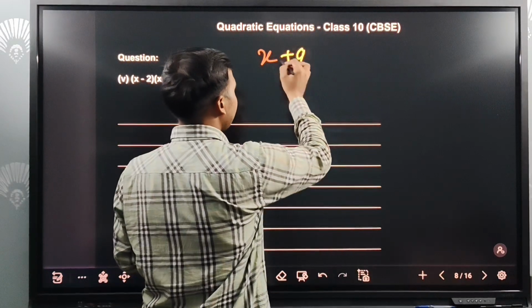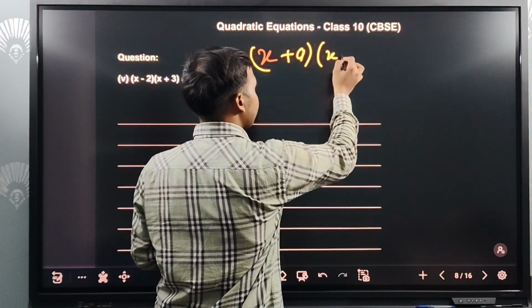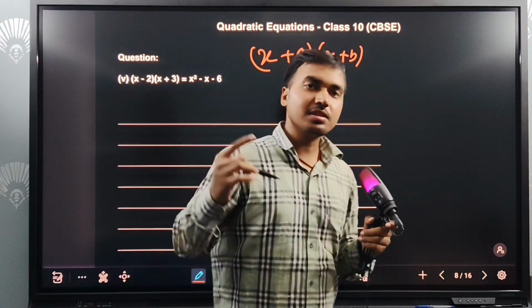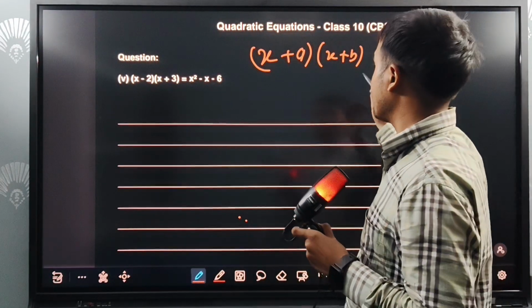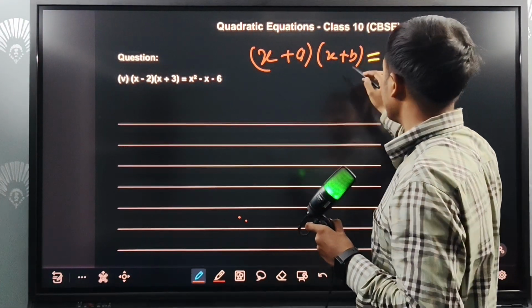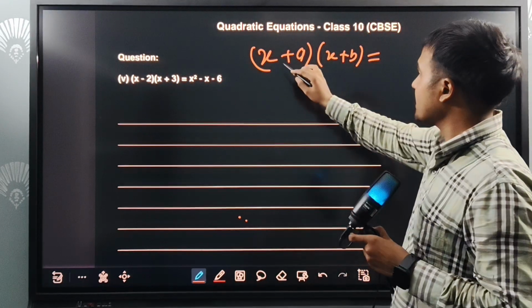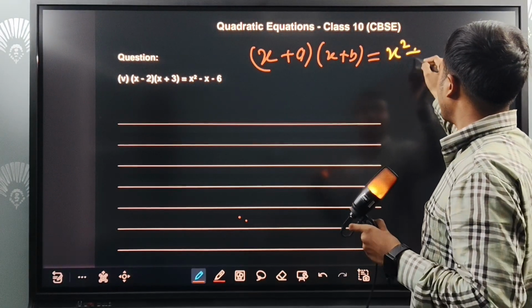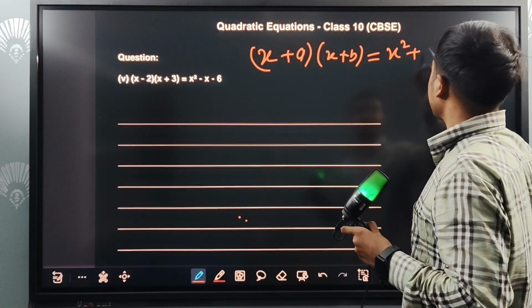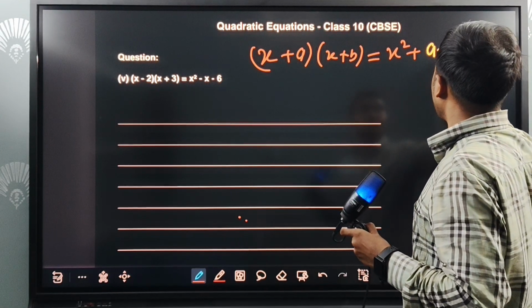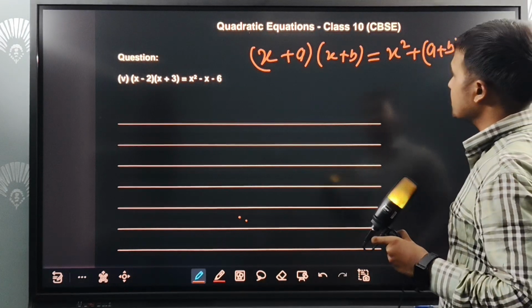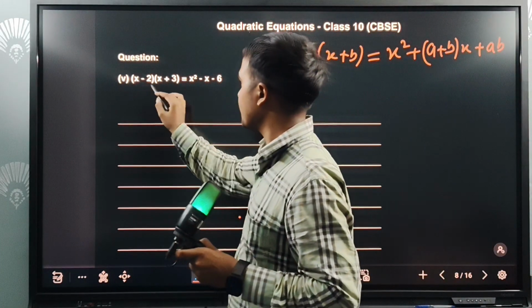This formula you might have learned in class 9, which states that x plus a multiplied by x plus b is equals to x square plus (a plus b) multiplied by x plus ab. This is the formula of x plus a into x plus b.